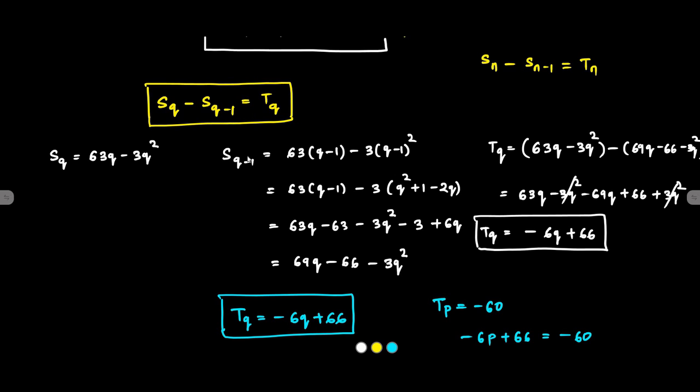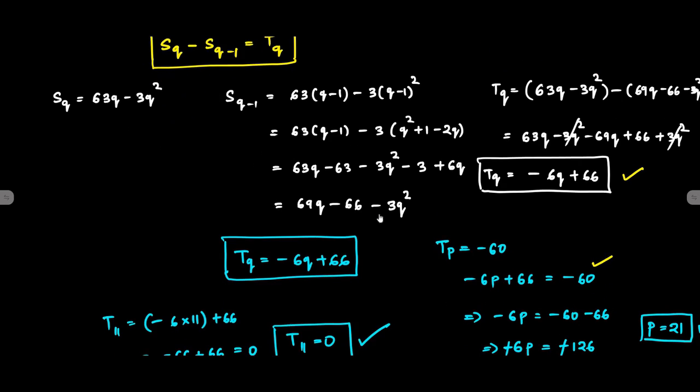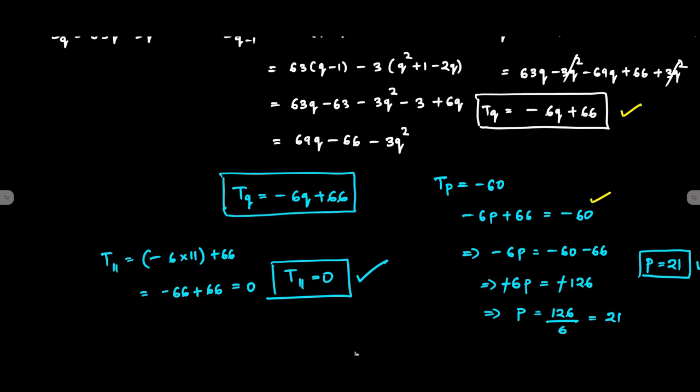We got it here: Tq is equal to minus 6q plus 66. Same approach we used for p, and then we found the 11th term using the same expression.